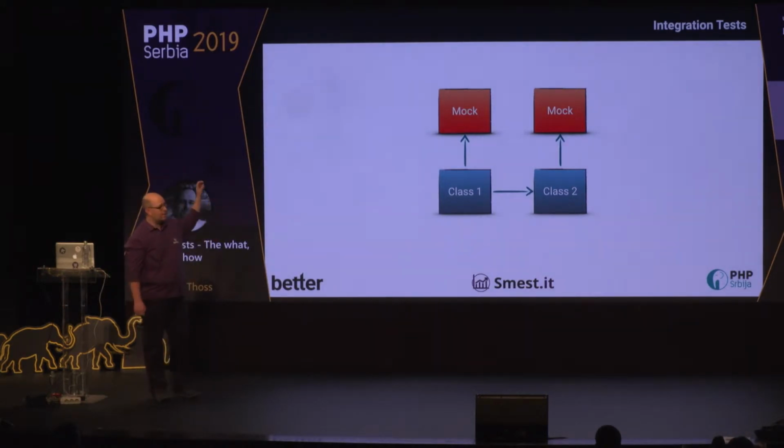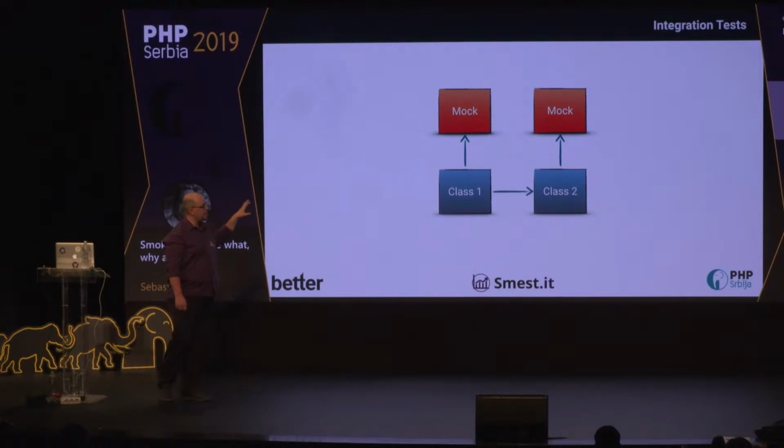We defined in our company that even for integration tests, low-level dependencies like hard drives, Redis, databases, all of this is still mocked on this level. So you really test just the integration between 2 units, and everything else should still be mocked.